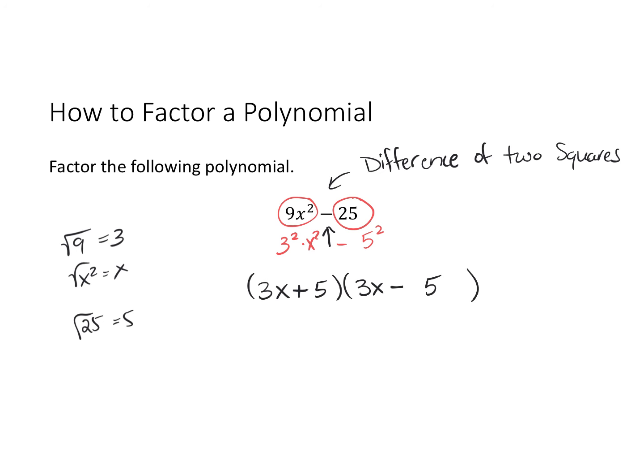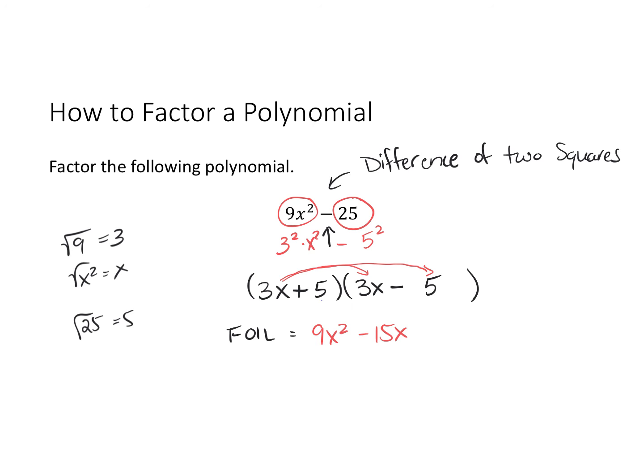So here, if you FOIL this back up, you'll see that when we multiply these terms back together, it'll give you 9x squared minus 25 again. So let's recall how to FOIL. Here I would take a look at the first terms. 3x times 3x is 9x squared. And then I would take the first term and the last term here. That's 3x times negative 5, which is negative 15x.